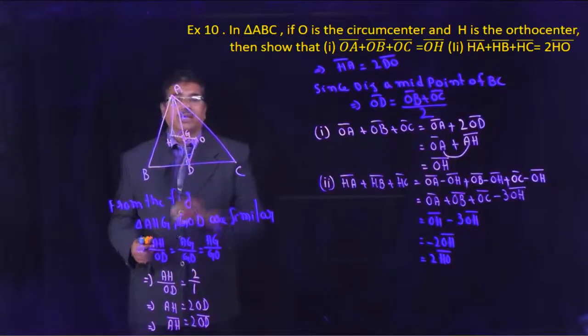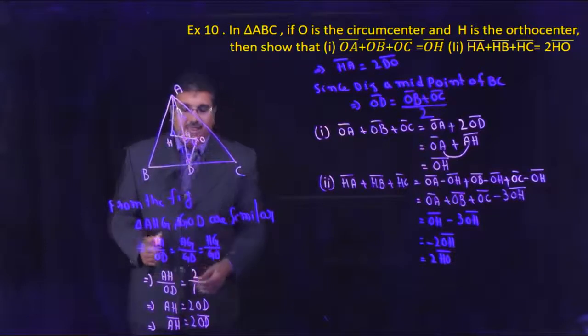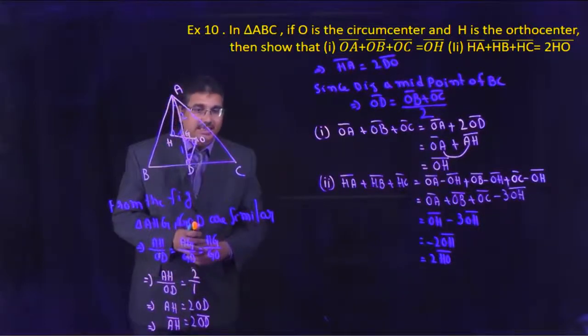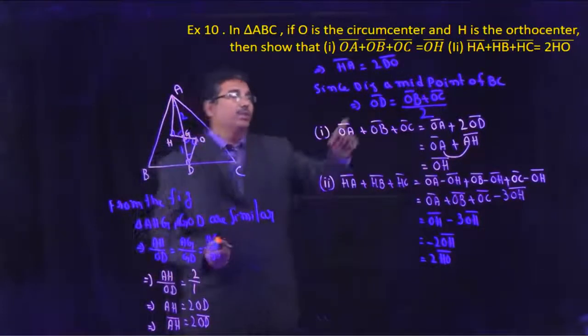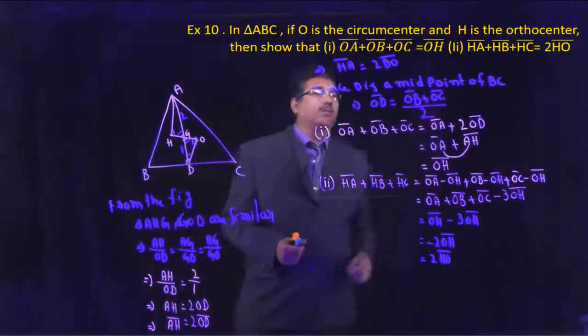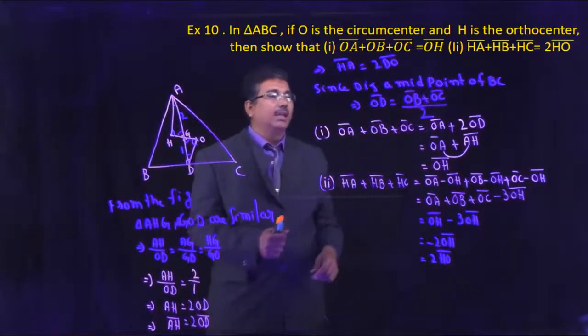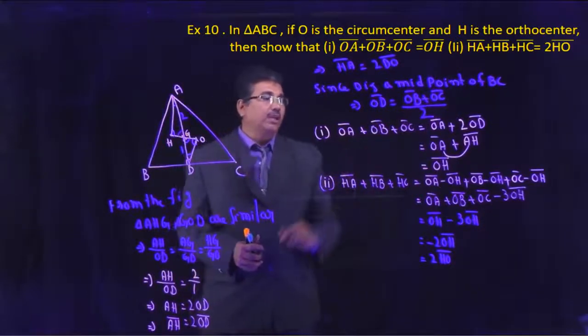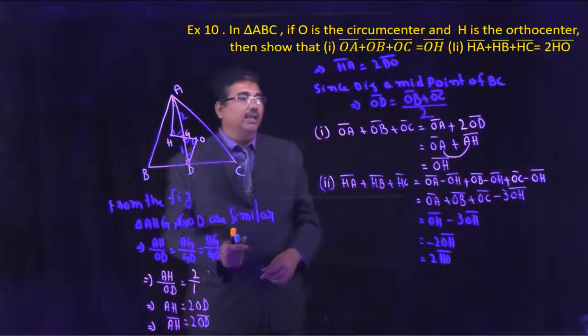Right, by using similar triangles property, there is a relation: AH bar is equal to 2 times OD bar. Also, D is a midpoint of BC. The position vector of D is equal to this. Now, from the first one and second one, we get the required results.